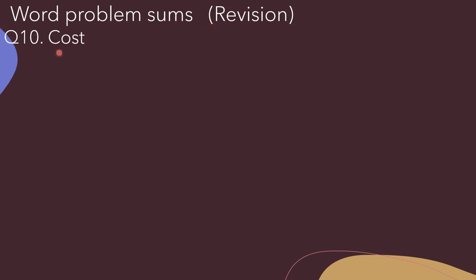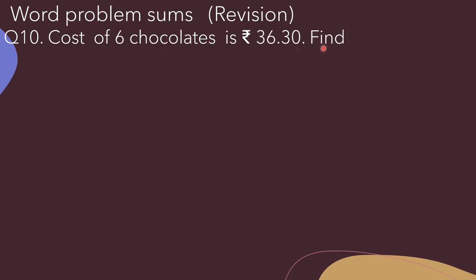Here in question number 10, it is given cost of 6 chocolates is rupees 36.30. Find the cost of each chocolate. So here beta, we have given information about 6 chocolates, means more than one. And we have to find out for each. Each means one.